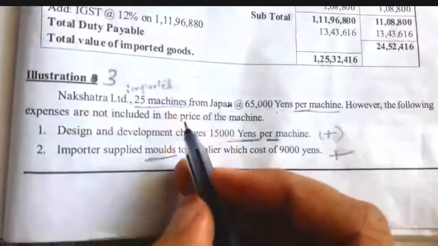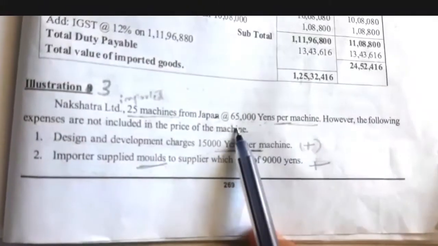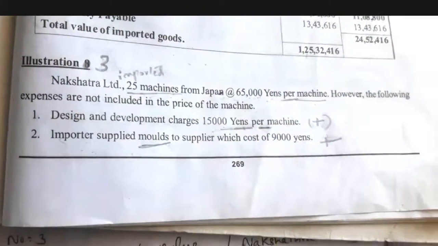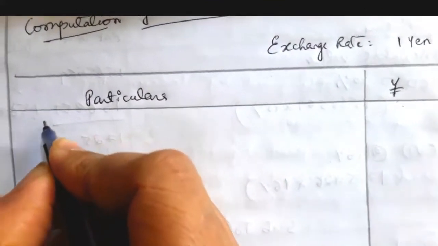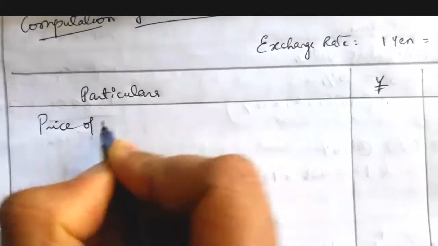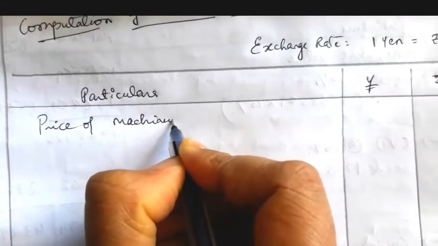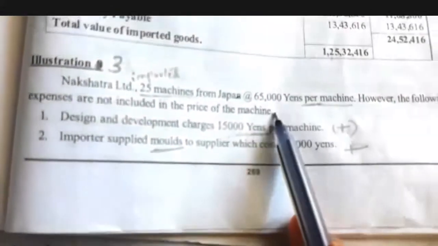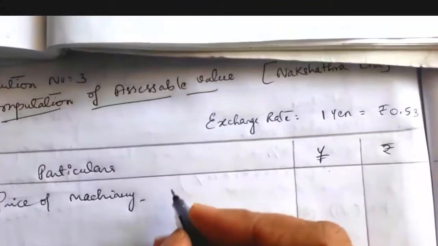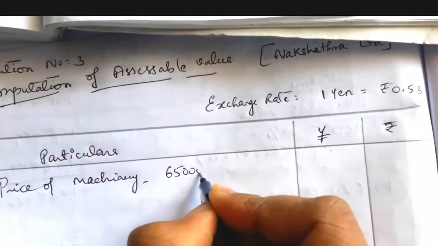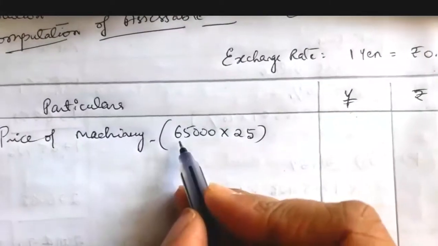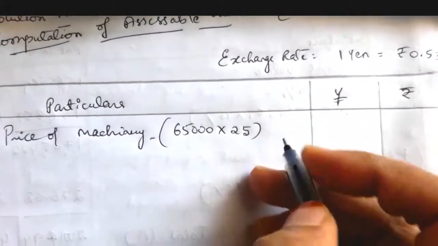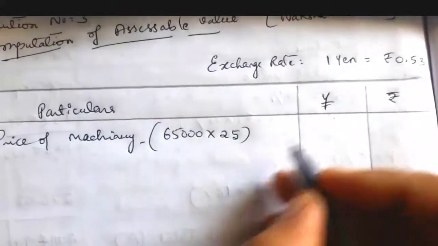They have given the imported value, that is 25 machines at 65,000 yens per machine. So write cost of machinery, or price of machinery, first. They have given 65,000 yens for 25 machinery. So write 65,000 into 25, which is equal to 16,25,000 yens.